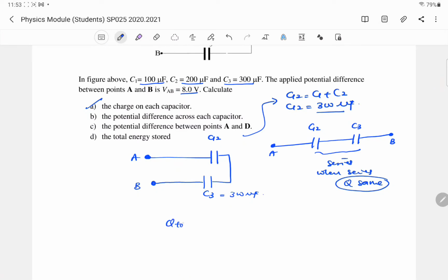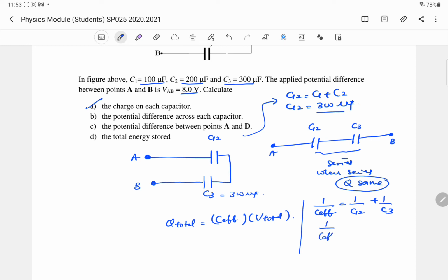So Q total equal to C effective darab dengan V total. Okay, we find the C effective first. Because C12 and C3 arranged in series. So the formula is 1 over C effective equal to 1 over C12 plus 1 over C3.